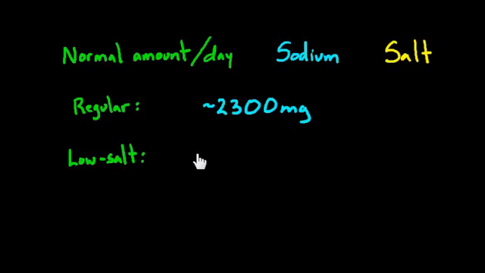And on a low salt diet, you should get about 1,500 milligrams. Now we know that 1 teaspoon has 2,400 milligrams, and 2,400 and 2,300 are pretty close. So in my conversion, I'm going to assume that means I can have about 1 teaspoon per day of salt.